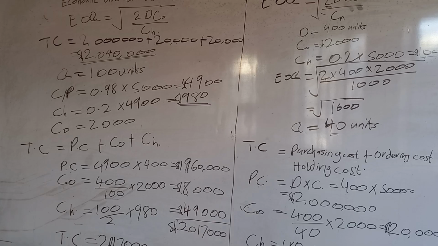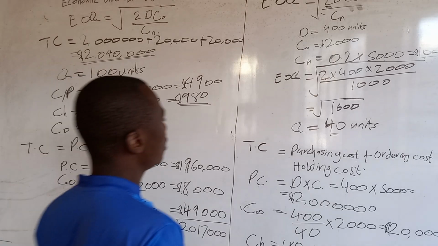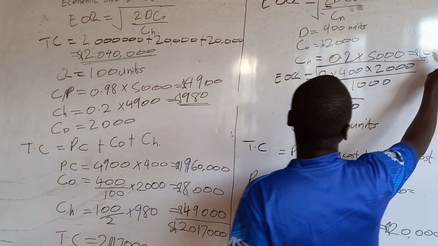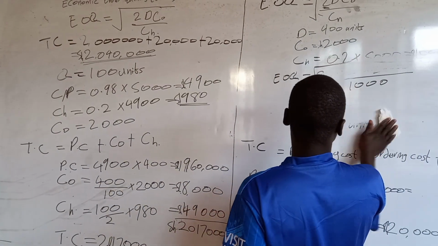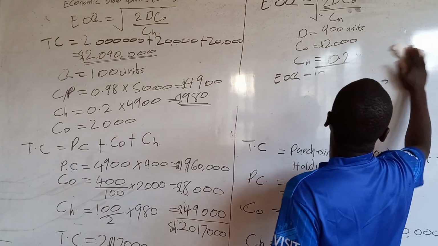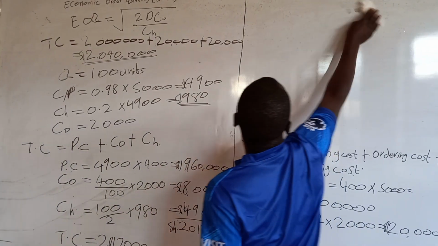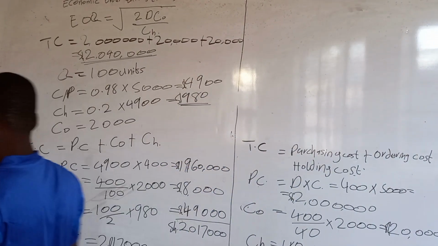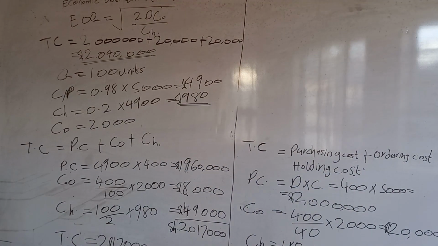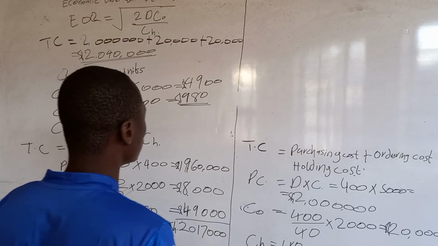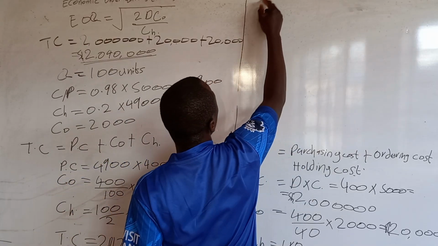Now the question is, should we take the discount? Should we abolish our economic order quantity system and take the discount? Let us see. Let us look at how much we are saving.